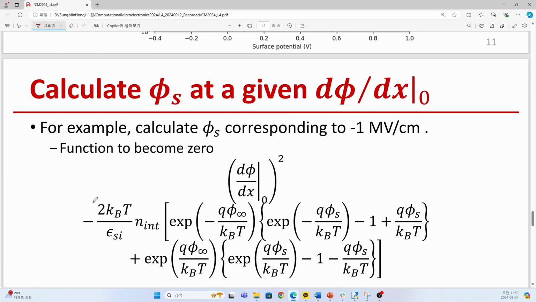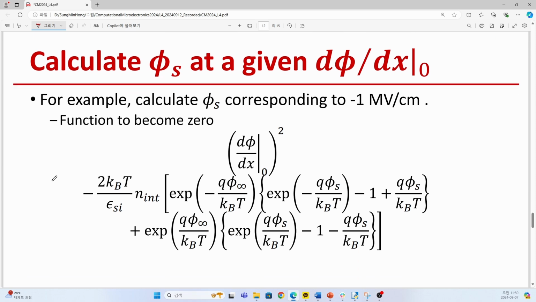In this case, of course, we must use Newton method. For example, when the surface gradient is corresponding to -1 megavolt per centimeter, please try to calculate the phi s.